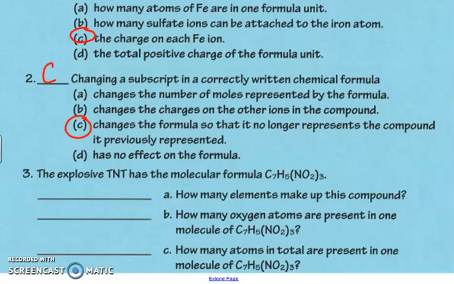Okay, so how many elements make up this compound? Well, you've got a carbon, a hydrogen, a nitrogen, and oxygen, so that'd be 4 different elements. And how many oxygen atoms are present in one molecule of this? Well, you simply take 2 times 3, and you're going to get 6 different oxygen atoms. How many atoms total are present in this one?